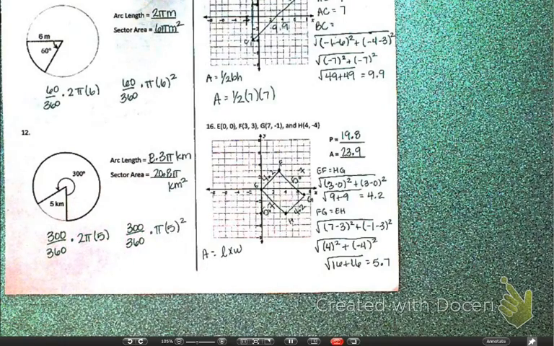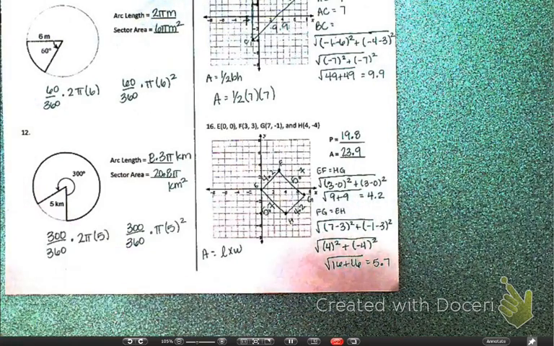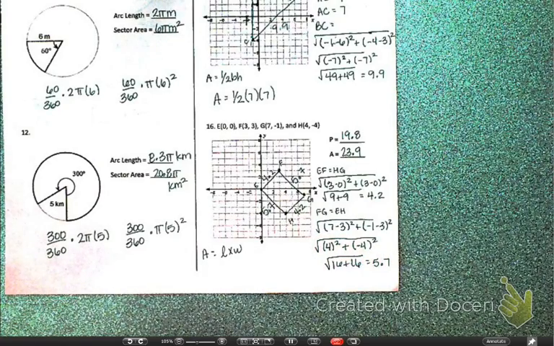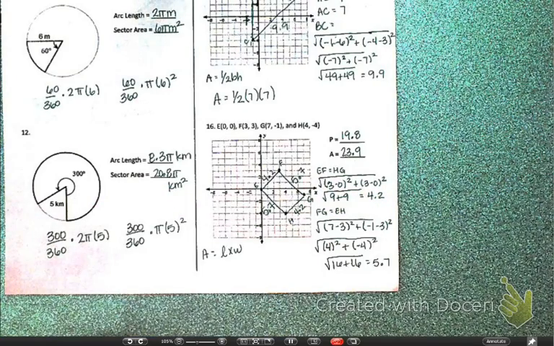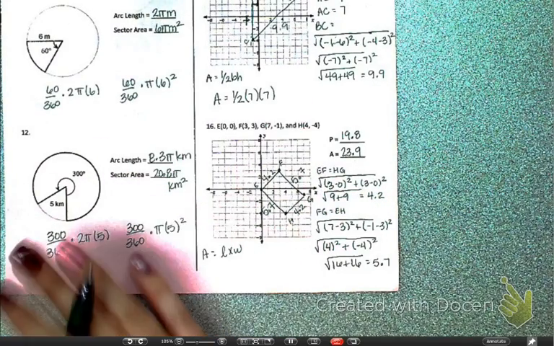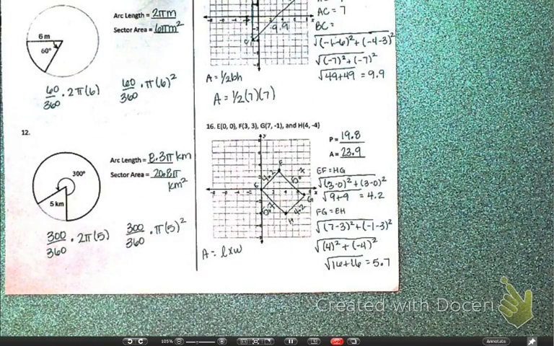As always, the practice test looks identical to the test. The same type of questions are going to be on the test. The only difference is the numbers change. So if you can do this test, your test tomorrow shouldn't be an issue. If you can't do this test, you have some studying to do.